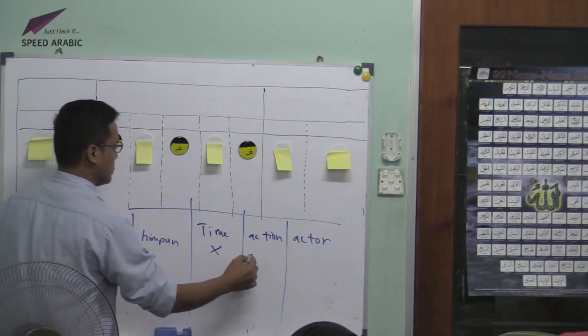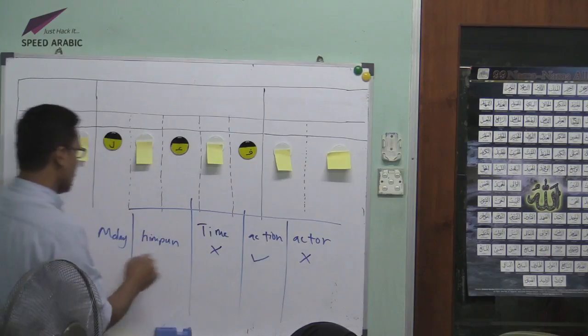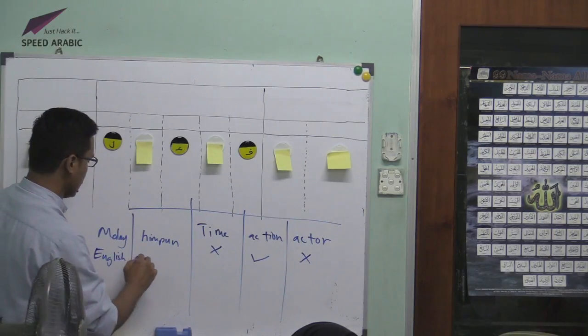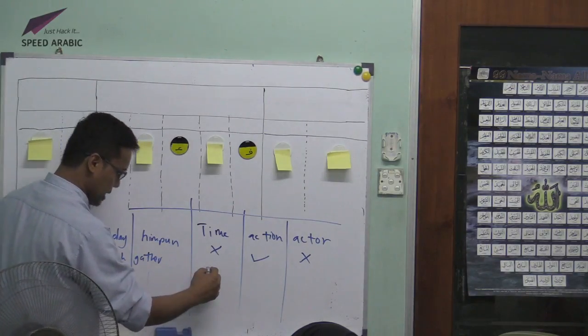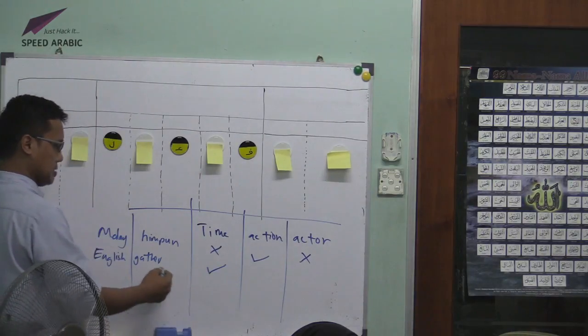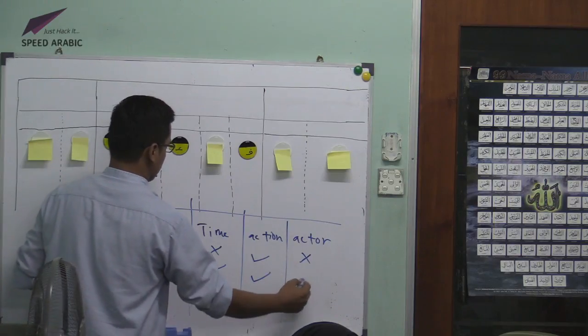No. Is there action? Yes, because it's a verb. Is there actor? No. In English, himpun is gather. Is there time? Yes, it's present or future. It's not past. Is there action? Yes. Is there actor? No.